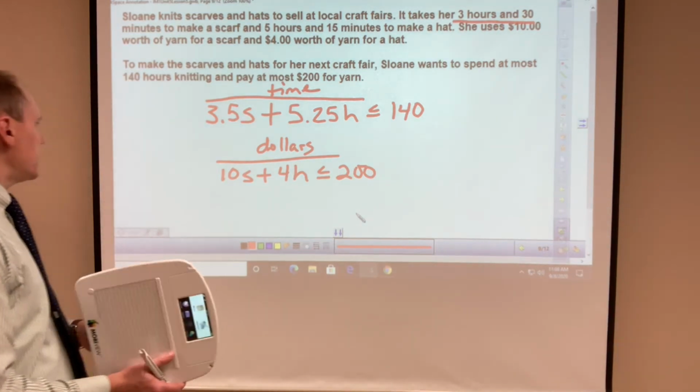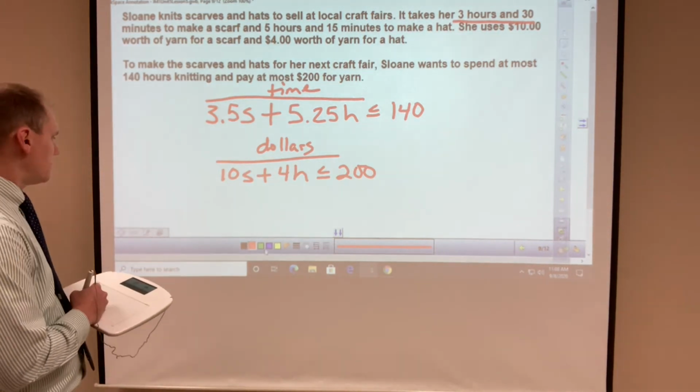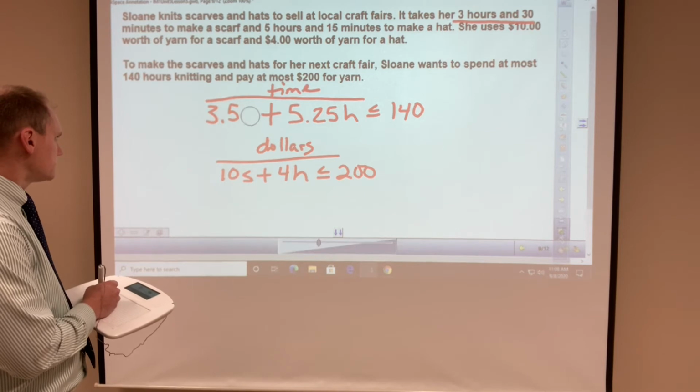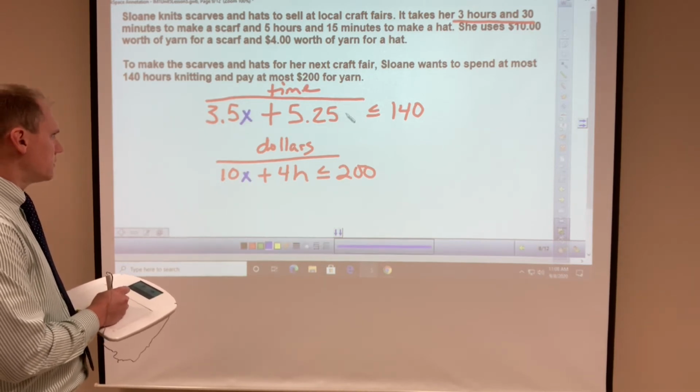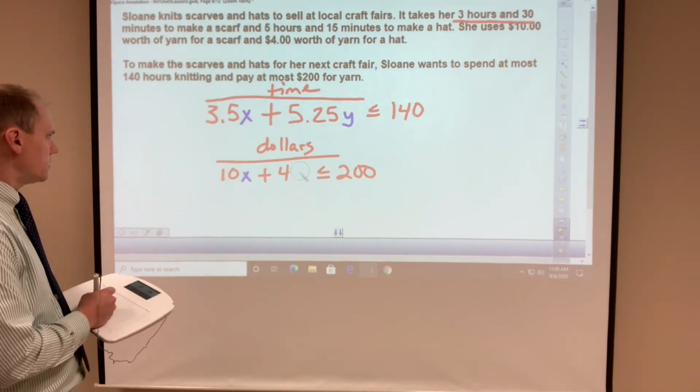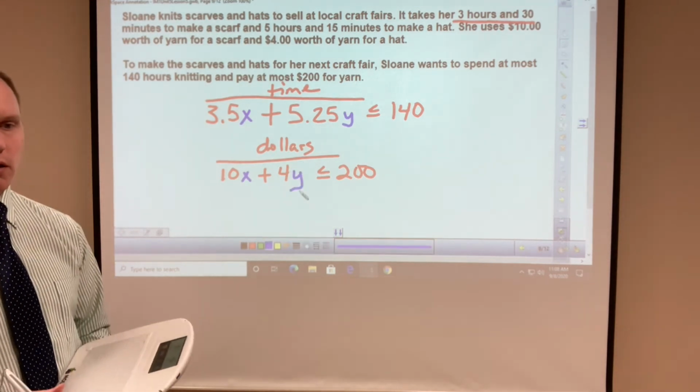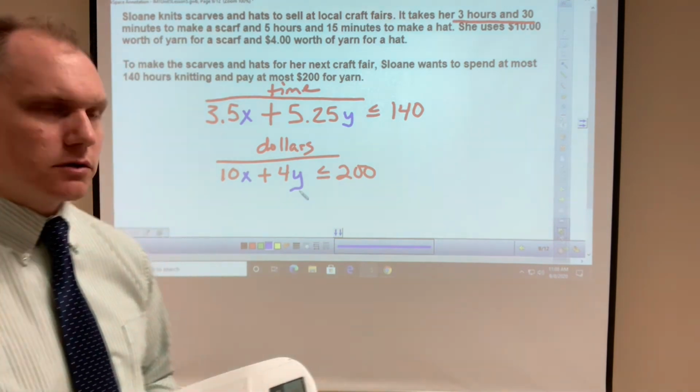All right, so I would recommend, in this case, substituting x's and y's in here, because you're going to need one to be your independent and one to be your dependent variable here.